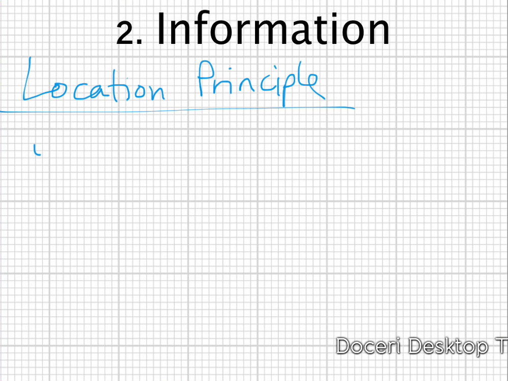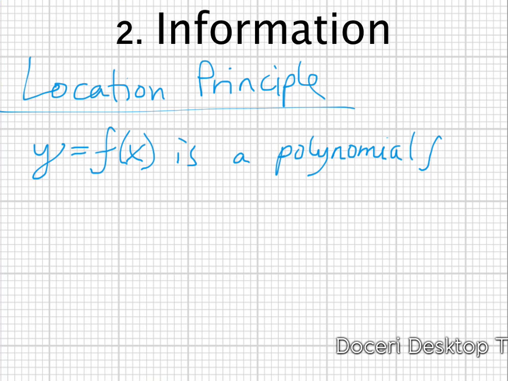So if I have a polynomial function, f of x, and I have two numbers, a and b.